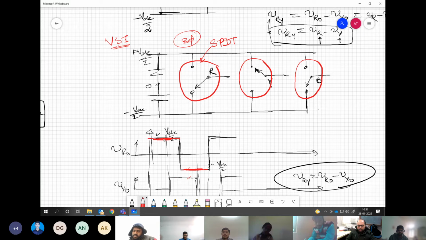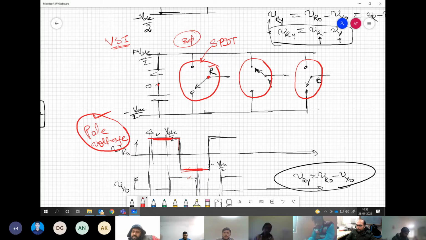Is there any third possibility for this voltage, pole voltage? This VRO, by the way, is popularly called pole voltage. So the different terminologies we will have for our correct understanding. Anything you generate with respect to this midpoint and the pole R, Y, B, simply this is pole voltage.